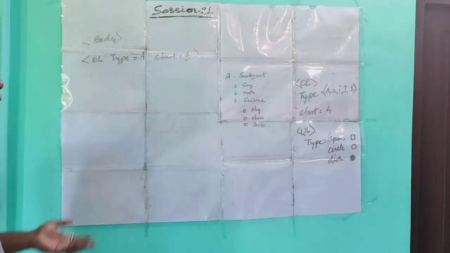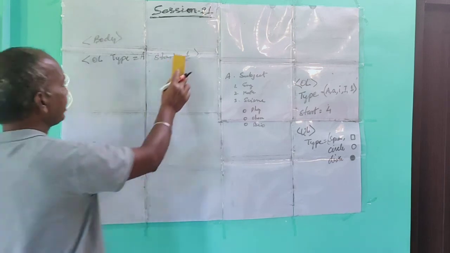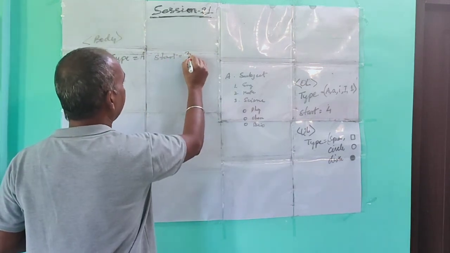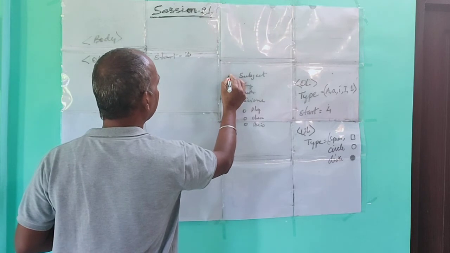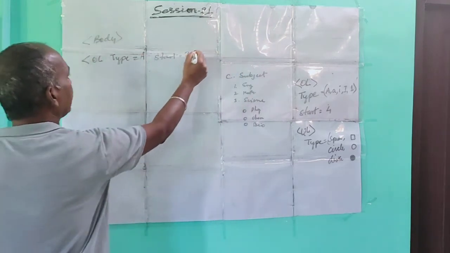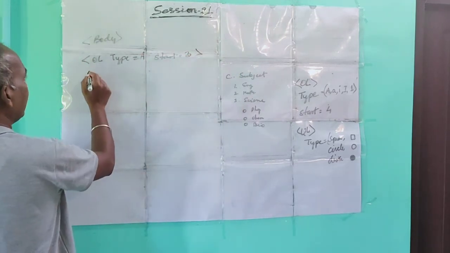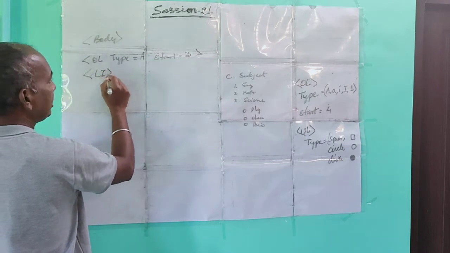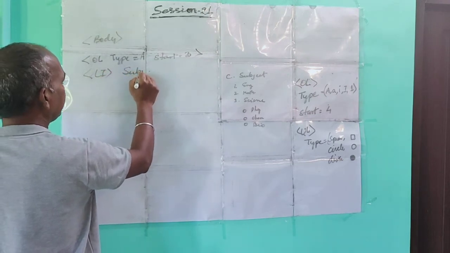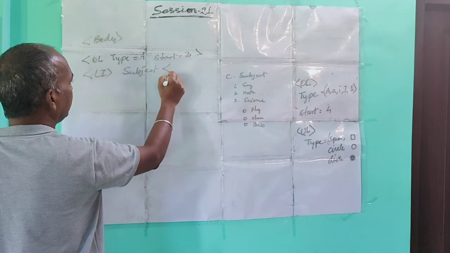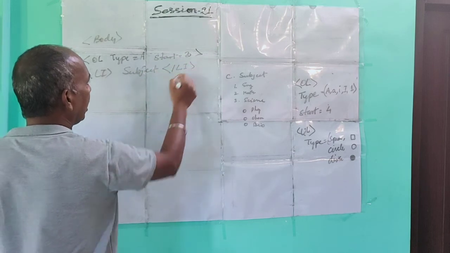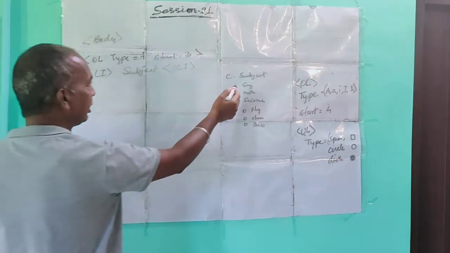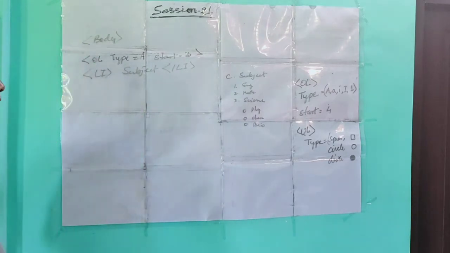If you are not giving it, then it will come automatically. It will come from A. If we give start 3, then it will start from C. Okay. Then list item li is subject. Then close OL. So again we go for another list, that is English, math and science.